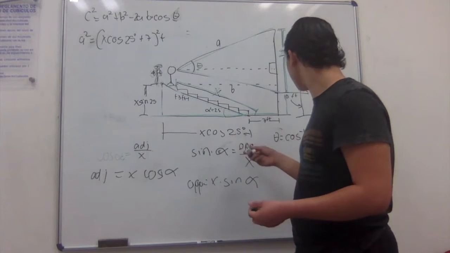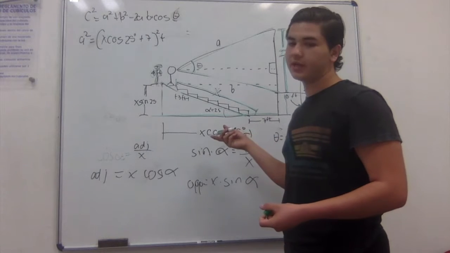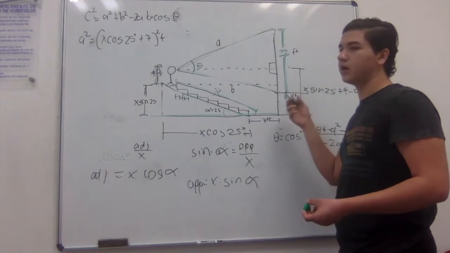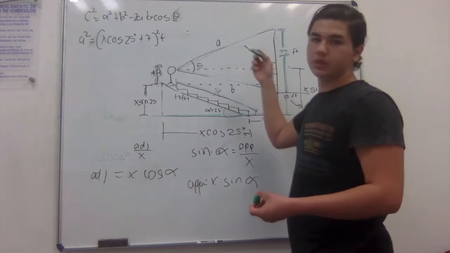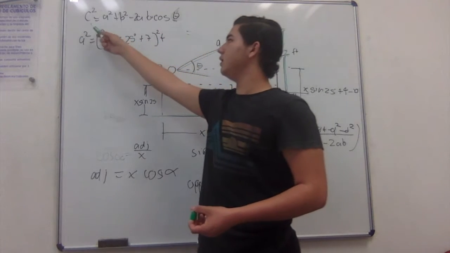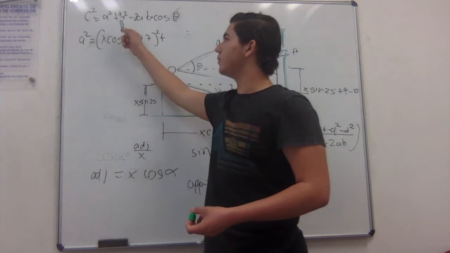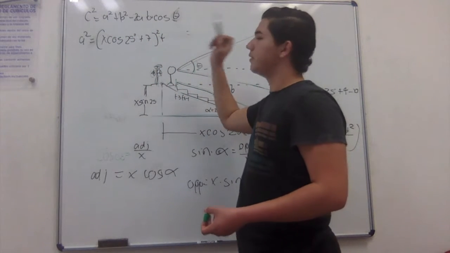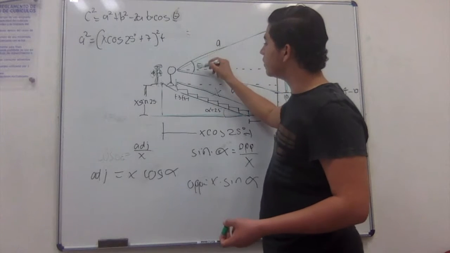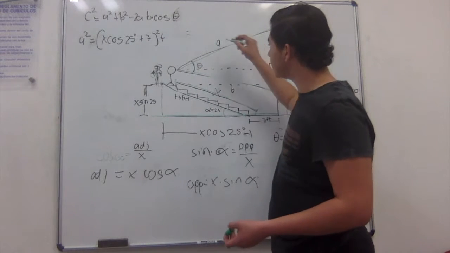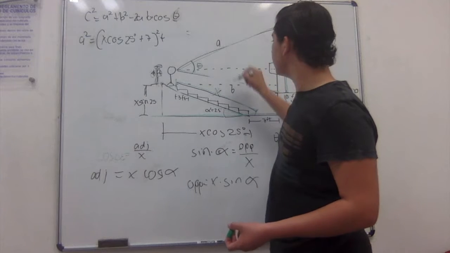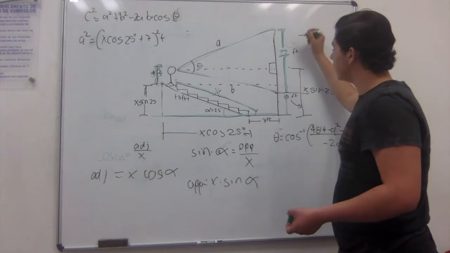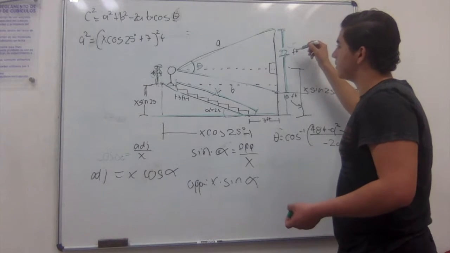So now with this we can demonstrate the formula of the law of cosines, which is c squared equals a squared plus b squared minus 2ab times cosine of theta. We're going to say this side is a, this side is b, and this side is c. In this case we know that c is 22.